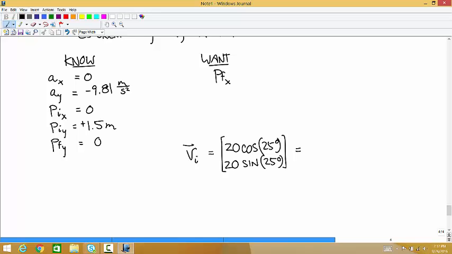And that is 18.12 for the x component and 8.45 for the y component.